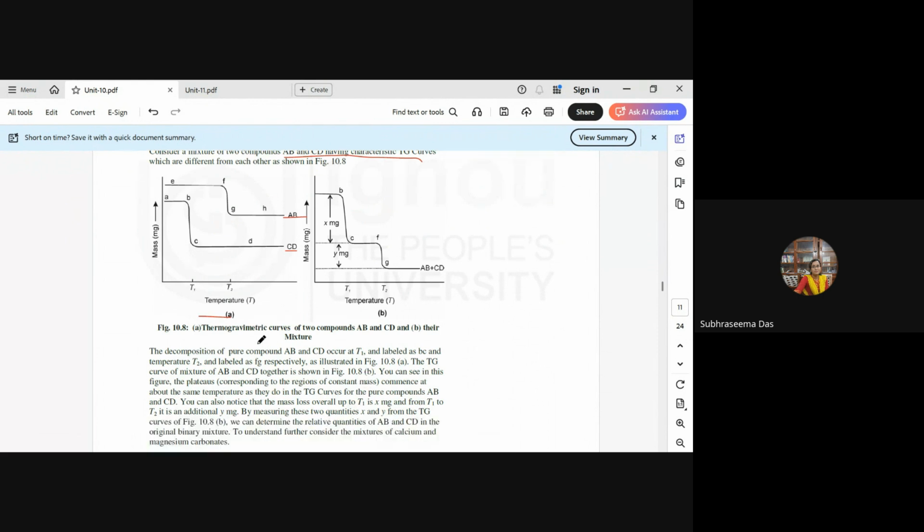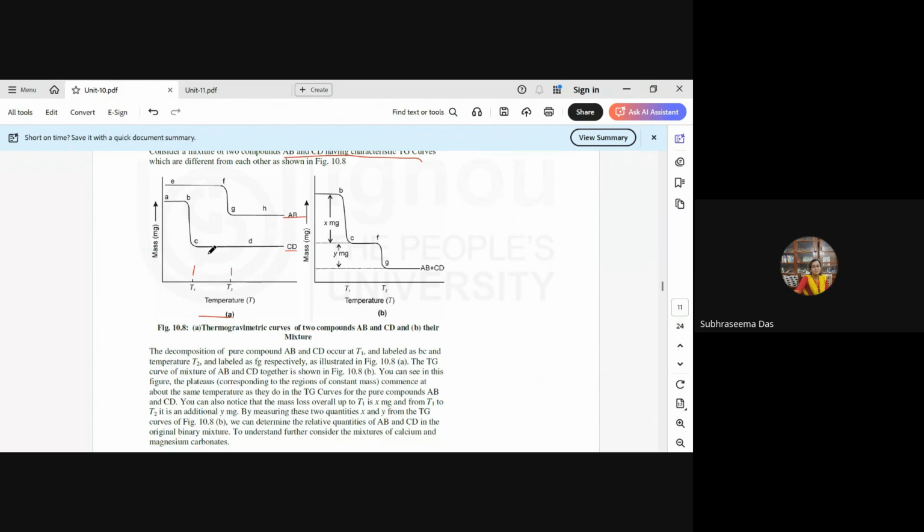First we will analyze the AB and CD curves. AB and CD are the pure compounds. For the AB compound, the first decomposition occurs at temperature T1, and the second decomposition occurs at temperature T2.